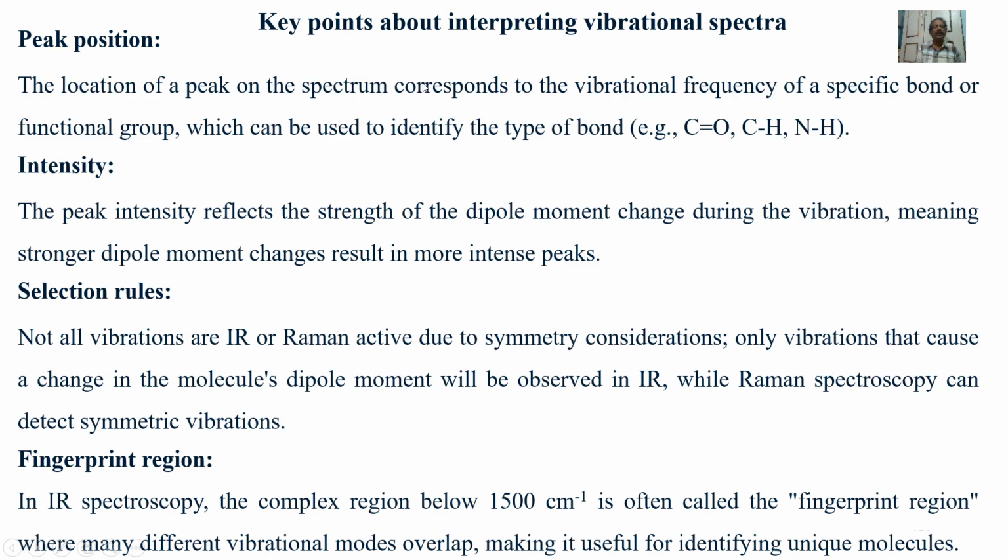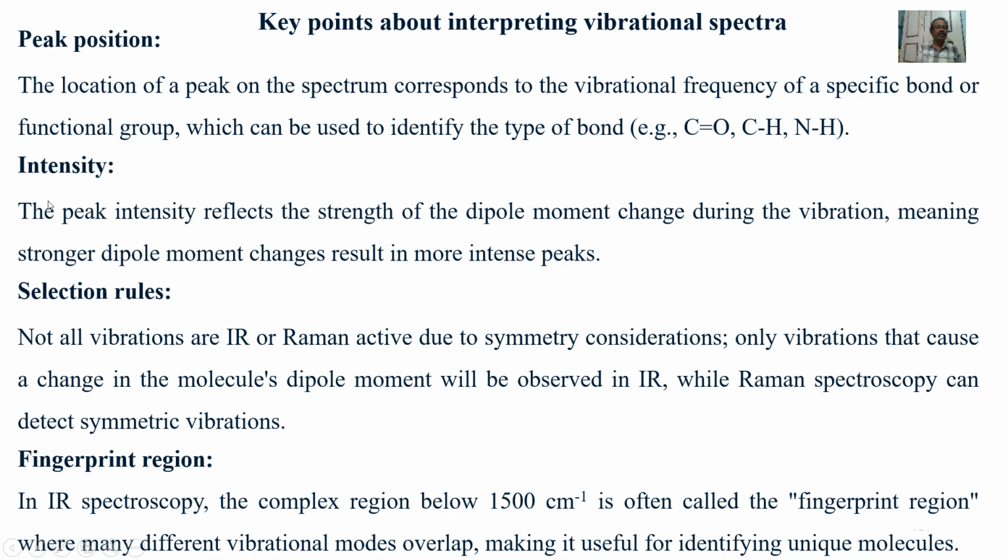The key points about interpreting vibrational spectra. Peak position: the location of a peak on the spectrum corresponds to the vibrational frequency of a specific bond or functional group, which can be used to identify the type of bond, for example C=O, C-H, N-H.